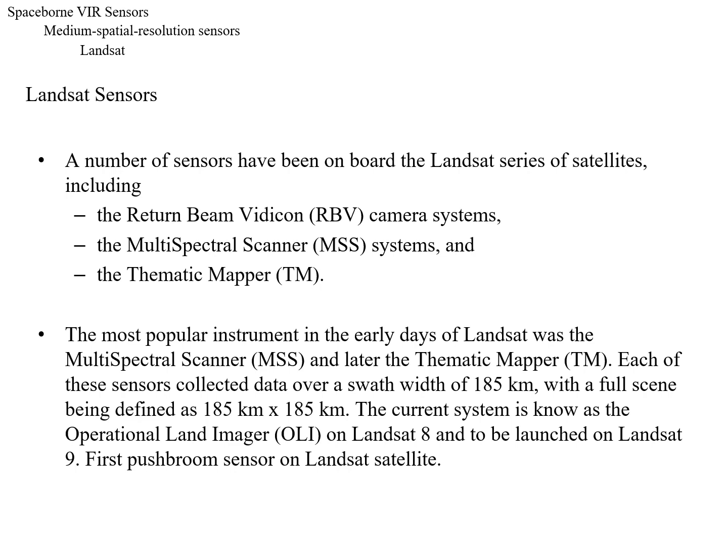The current system now on Landsat 8 and to be launched on Landsat 9 is the Operational Land Imager, which is an improved version of the thematic mapper. It adds a few bands, and it is a push broom system.